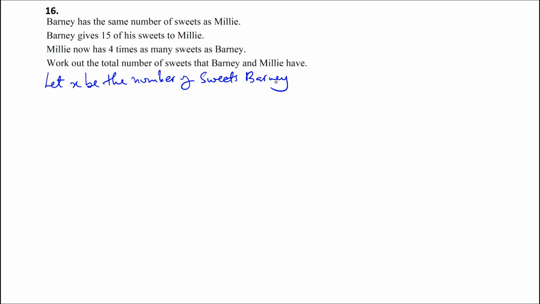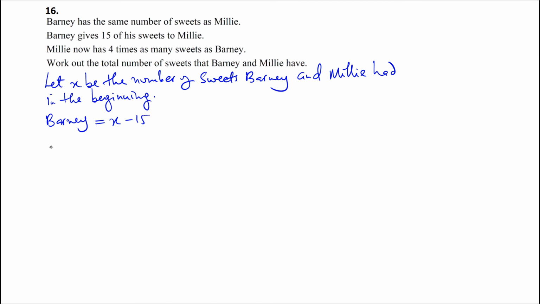All right. And then Barney gives 15 of his sweets to Millie. So now Barney will have x minus 15 because he's given out 15, and Millie will have x plus 15 because now she has 15 more.